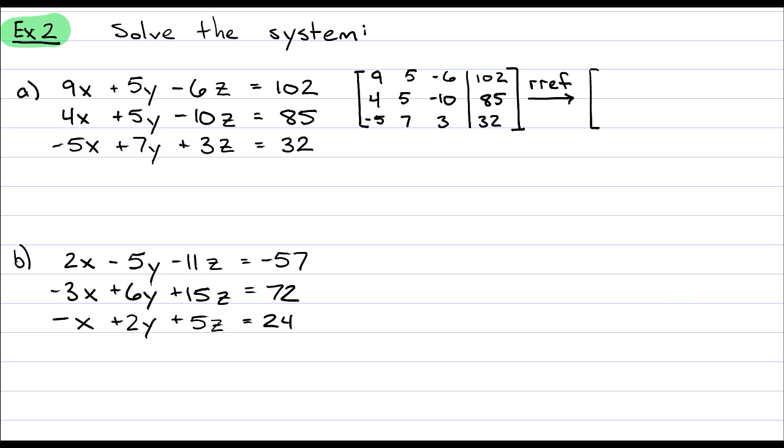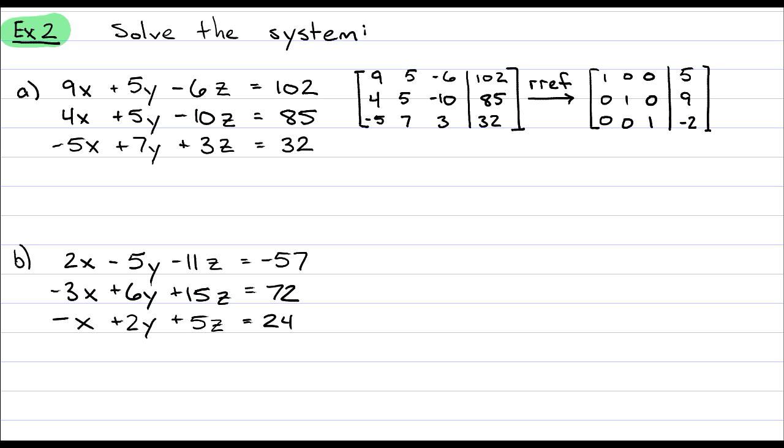So if I enter that into the calculator, and remember there are instructions in the notes for how to enter these matrices into the calculator, and then I use the RREF function, this is going to give me 1, 0, 0 as the first column, 0, 1, 0, then 0, 0, 1, and then the last column is 5, 9, minus 2.